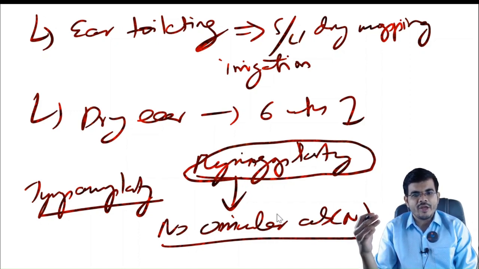What will happen if you are not doing that? If I am going to repair the perforation alone, and the perforation hearing loss was about 40-45 decibel, after the surgery it will become 54 decibel. Why? Because through the perforation the sound waves were getting into the oval window and stimulating it directly.